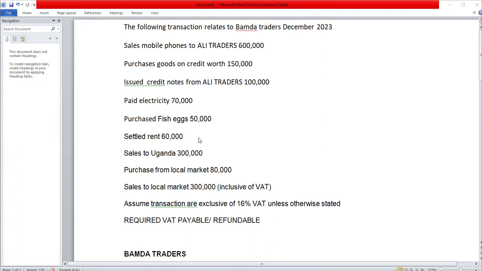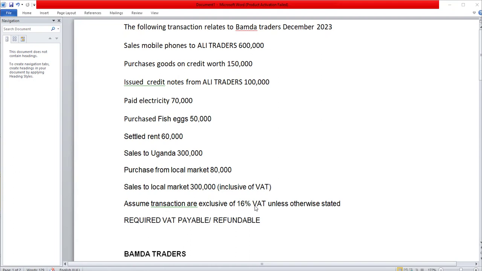Settle rent, 60,000. Sales to Uganda, 300,000. Purchase from local market, 80,000. Sales to local market, 300,000 inclusive of VAT. Then we're told to assume that transactions are exclusive of 16% VAT unless otherwise stated. Required: VAT payable or refundable.